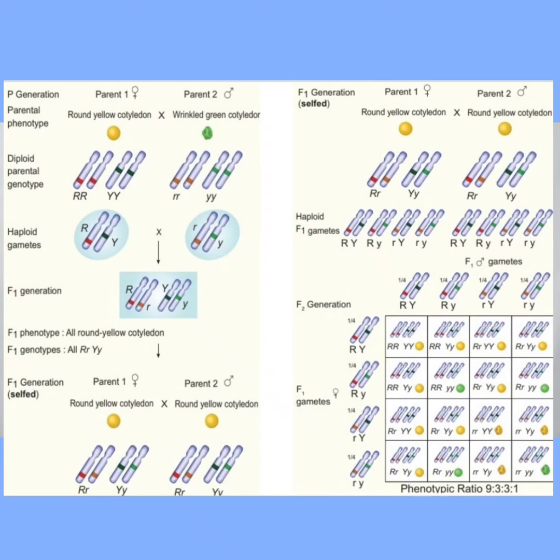Capital R, capital Y with small r and capital Y will produce capital R, small r, capital Y, capital Y. Capital R, capital Y along with small r and small y will produce capital R, small r, capital Y, small y. So like that, if you keep on calculating, we get 16 types of plants, out of which the ratio is 9:3:3:1.